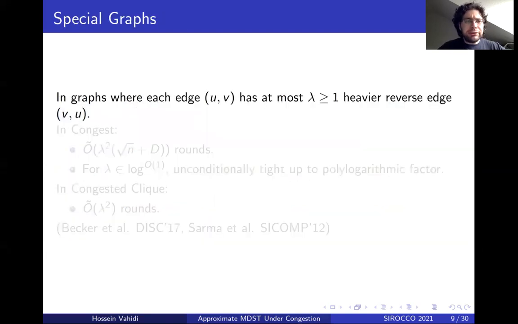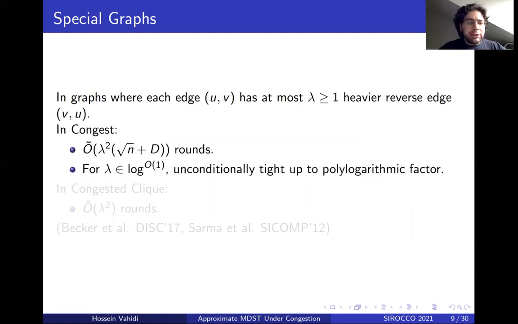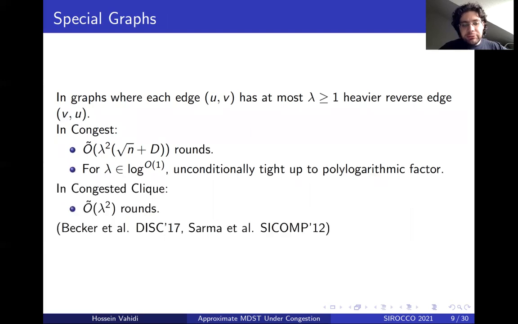But if we concentrate on special graphs, namely the graphs in which forward edges are at most lambda times heavier than the reversed edge, we get the following improvements in the Congest model, which is basically unconditionally tight for lambdas in log to the power of O(1). And in congested clique, we get the following running time.